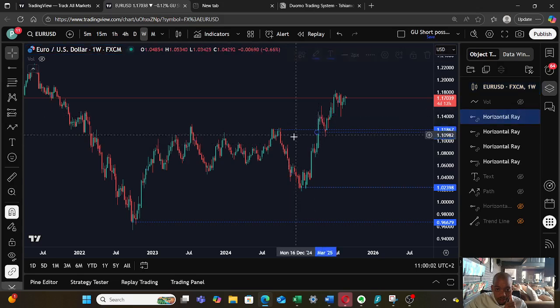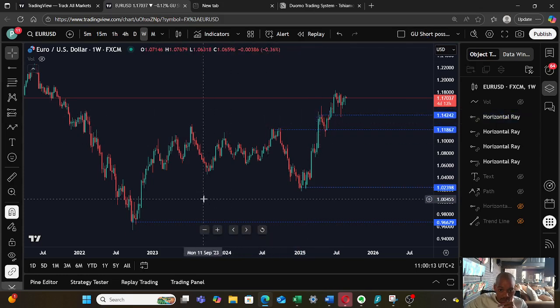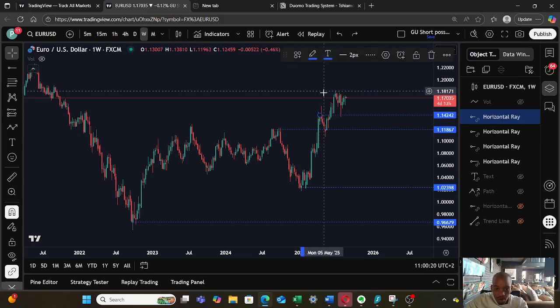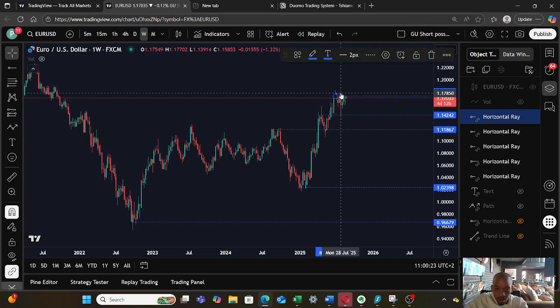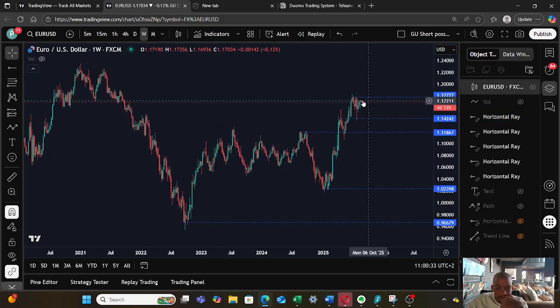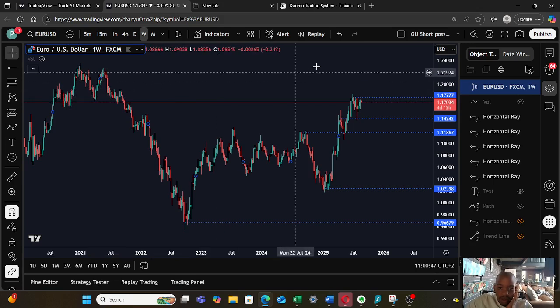This is probably right. So what I'm doing is I'm just looking left to see what's the most appropriate way of mapping the swing.